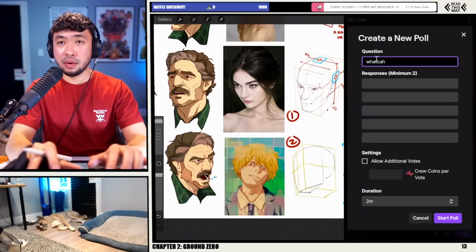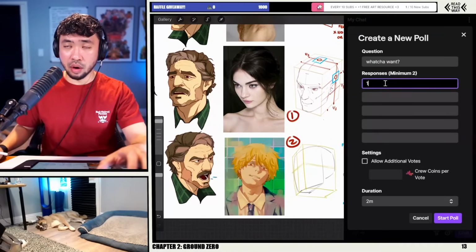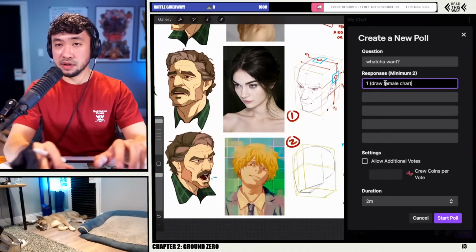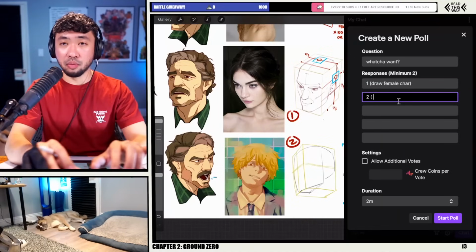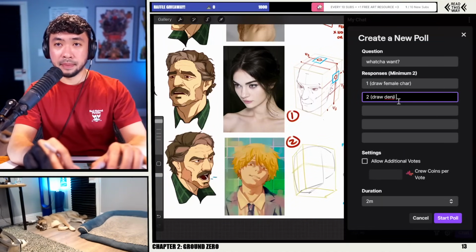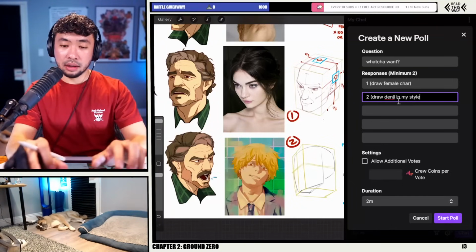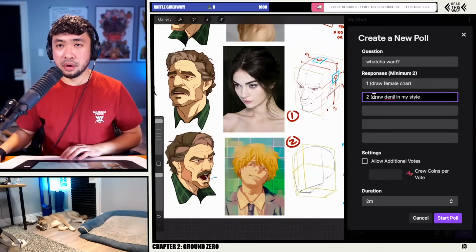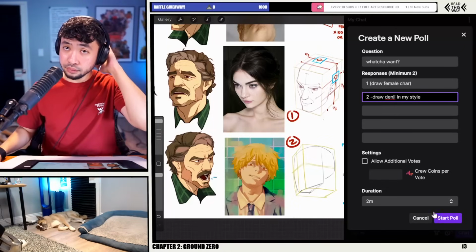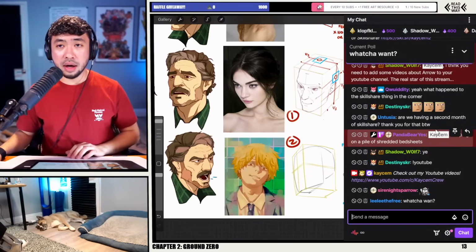Option 1 is draw a female character, easy peasy. Or option 2, we draw Denji from Chainsaw Man, but in my style. Either one I think is fine, and I'm happy to do either with you guys. Let's go vote. You guys can choose what y'all want.